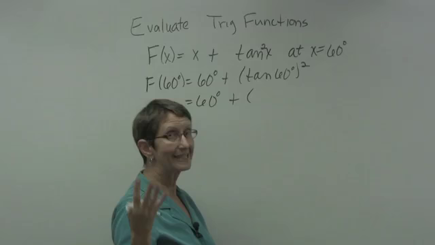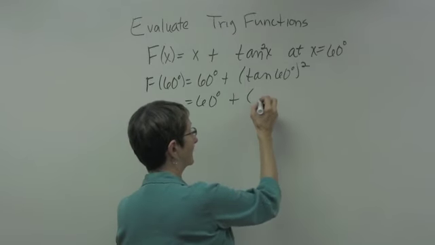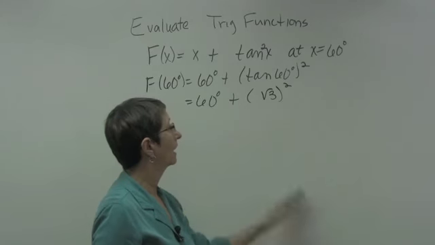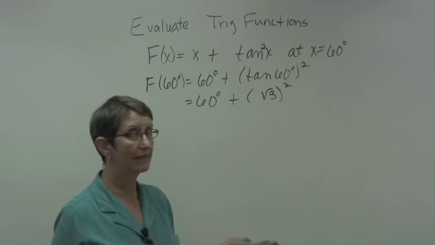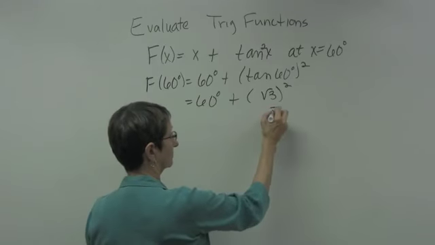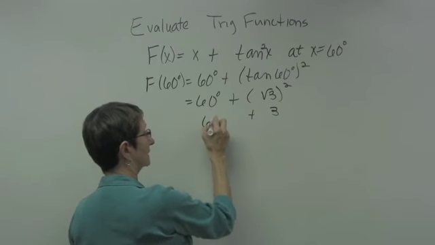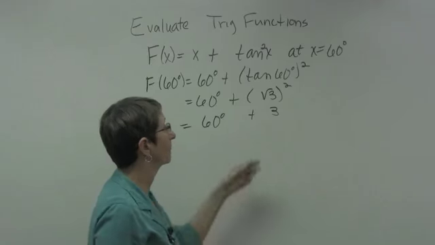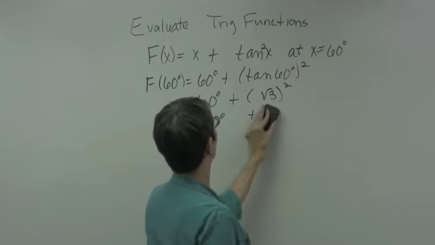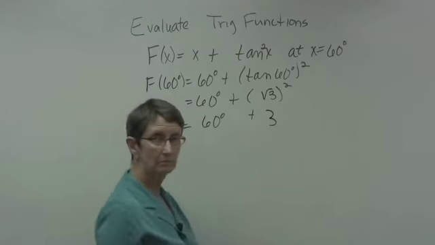You'll get some decimal, which is actually the square root of 3, and then you square it. You'll get a decimal that is an approximation of the square root of 3. And then when you square this, you get 3 plus 60 degrees, and that's the answer. You can't combine degrees and 3.